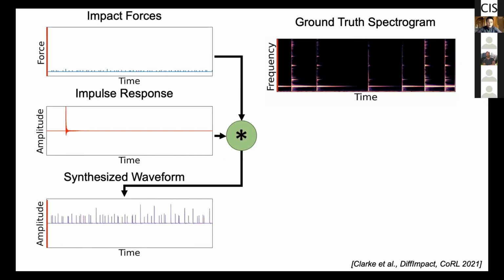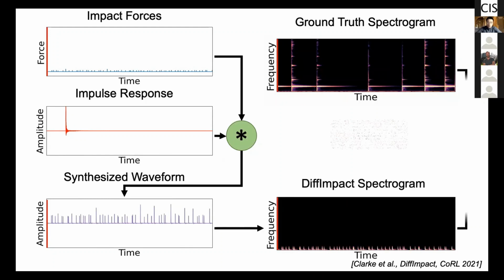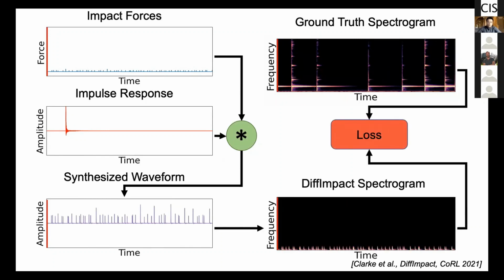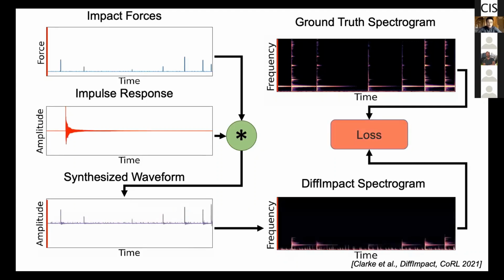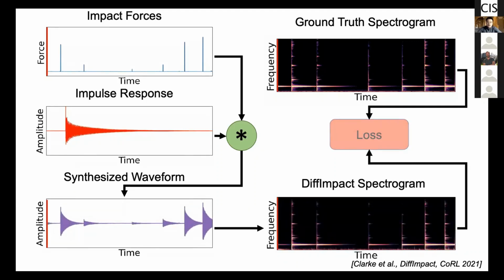We take the spectrogram of this waveform and compute the L1 loss against the ground truth spectrogram to adjust the parameters of the upstream model during the gradient descent optimization. And here we have the estimates of the extrinsic impact forces and intrinsic object impulse response, which result in the following synthesized clip.